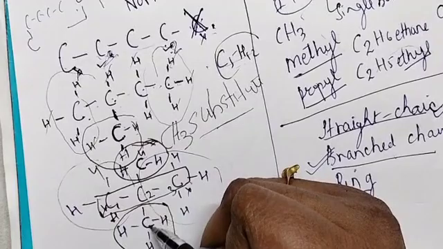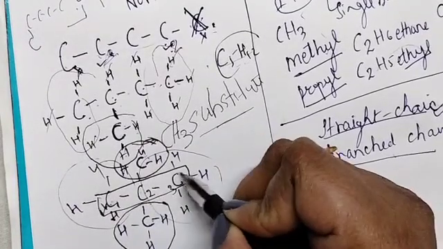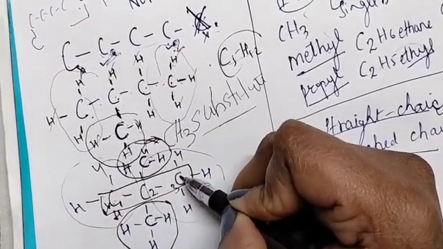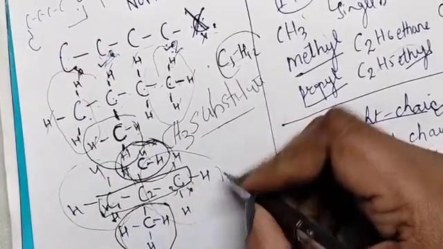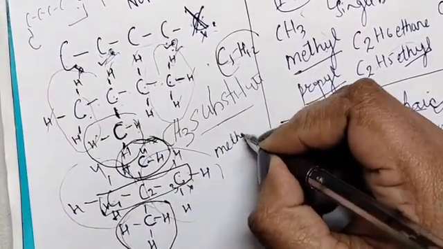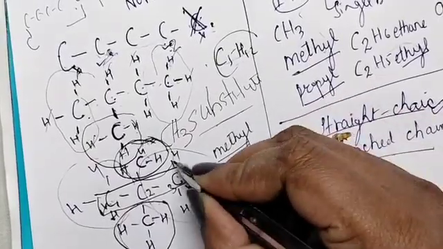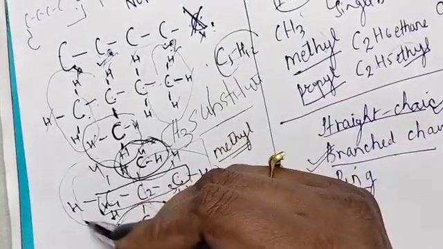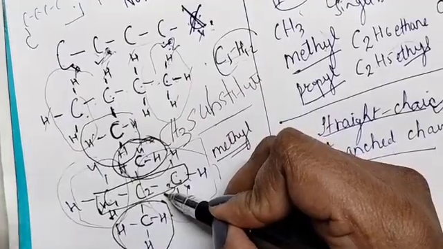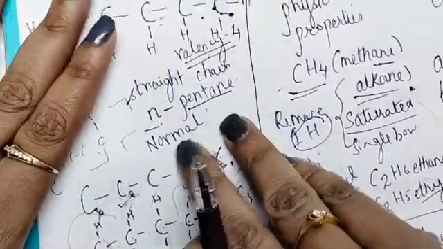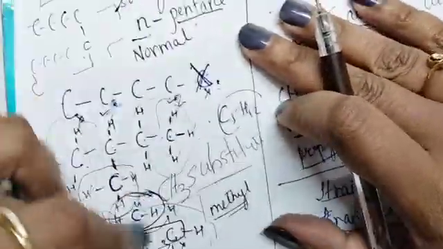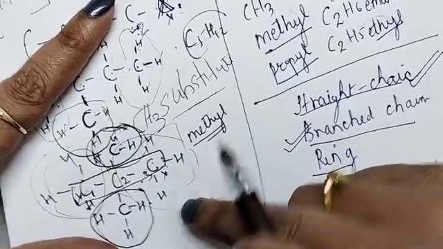If I count like this, it is 1, 2, 3. But what about these two? They are not in the main chain. So the branched ones are these two and these are what? Methyl. We have already discussed. These corner ones will not be called methyl. Remember that. Okay. So this is one more structure. This is different. This is different and this is straight. Okay. So they're all different by structure, but as I said, the formula is still the same.